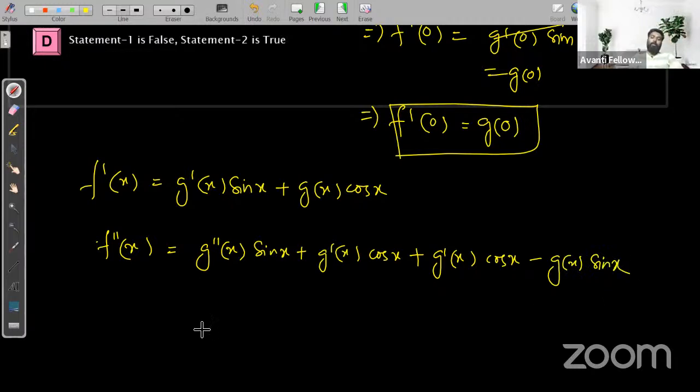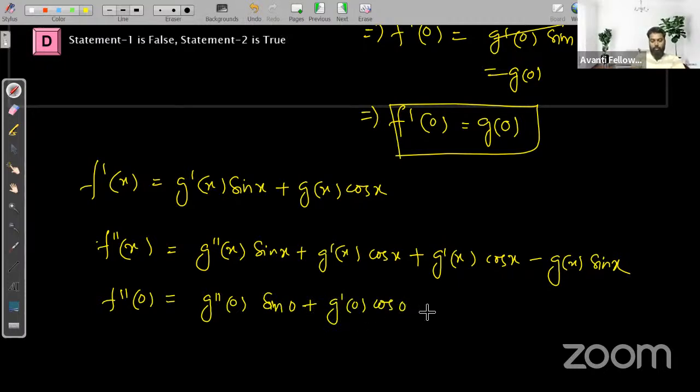Okay. So in the right hand side of the first statement we have f double dash of 0. If we take f double dash of 0, then it will be g double dash of 0 sine 0 plus g dash of 0 cos 0 plus g dash of 0 cos 0 minus g of 0 sine 0.